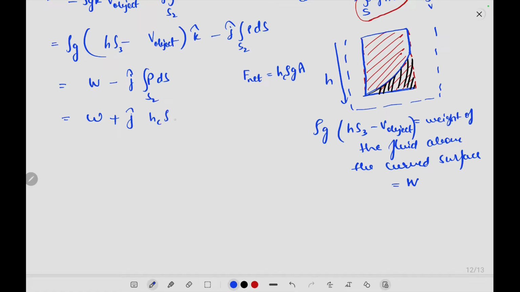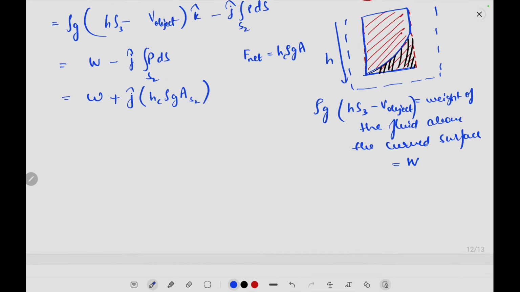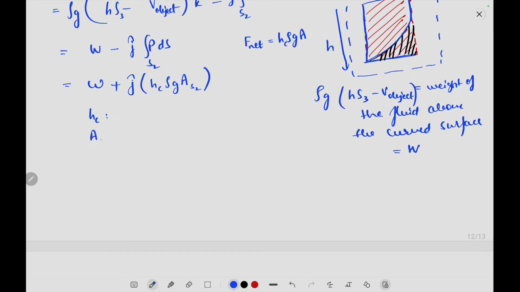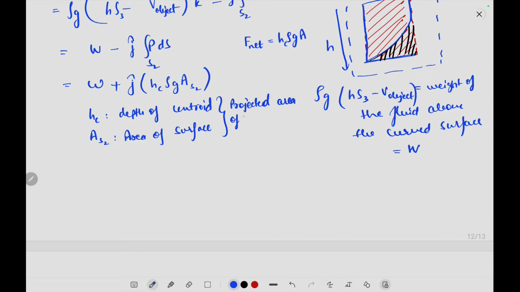So this will become HC rho g times area of this S2 surface, where HC and AS2 are, so this is the depth of centroid and this is the area of surface, and they belong to the projected area of curved surface, projected vertically. Okay, right?